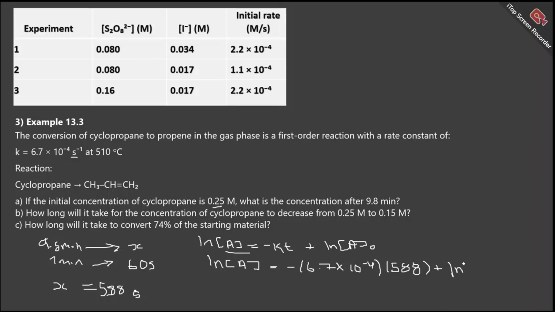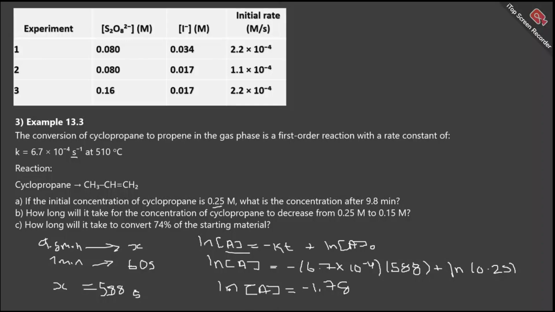The initial concentration is 0.25. Okay, so punch this on your calculator and see what we're going to get. Very simple. I think the calculator is doing a lot of work compared to us. Okay, so you should get -1.78025.